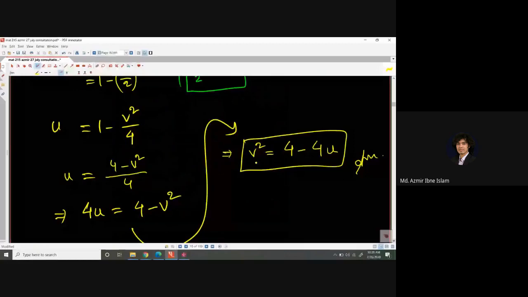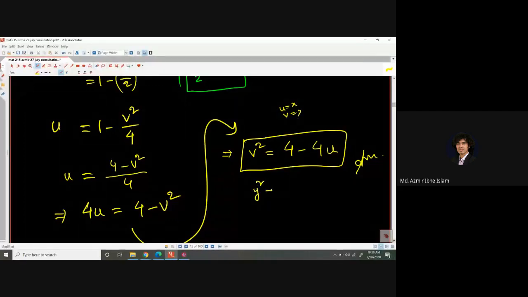Let's say, with u and v, it's quite difficult to figure out. Let's say u as x and v as y. Then you will understand that y squared equals 4 minus 4x. You know that y squared equals 4ax is a parabola.